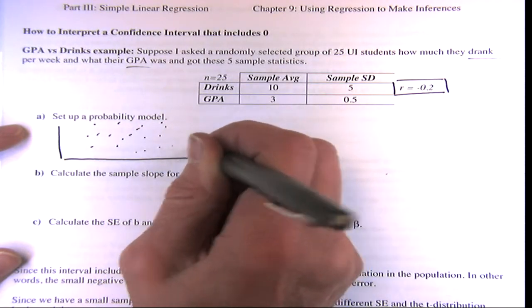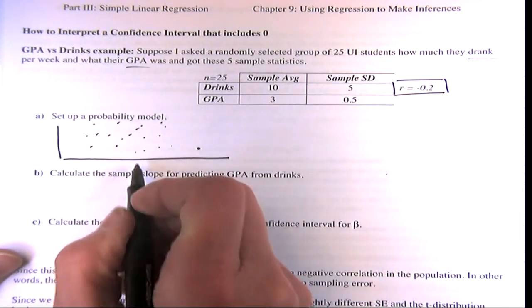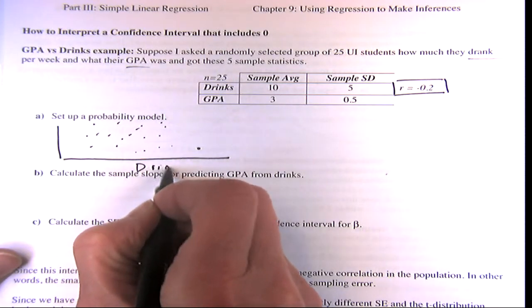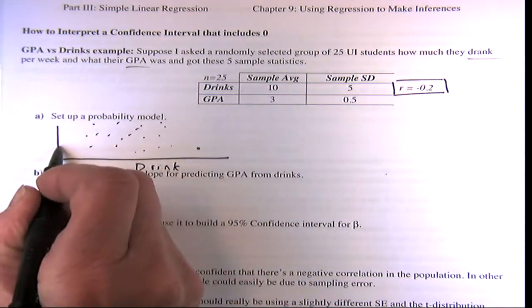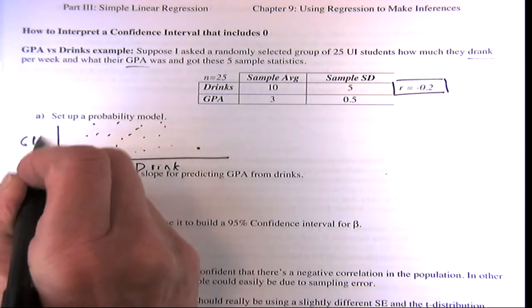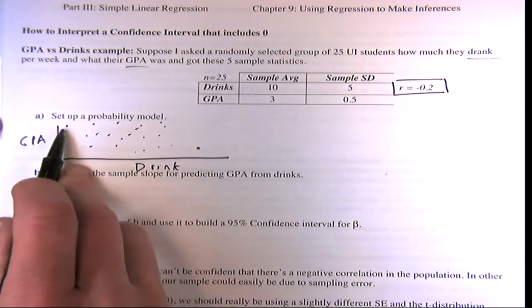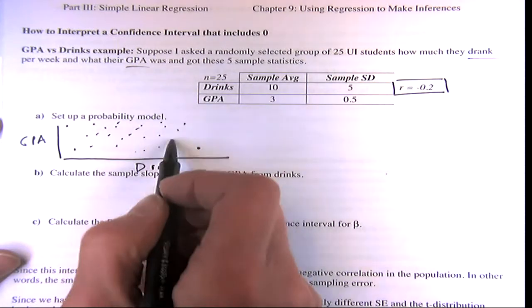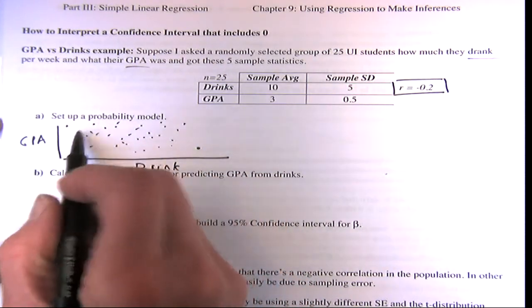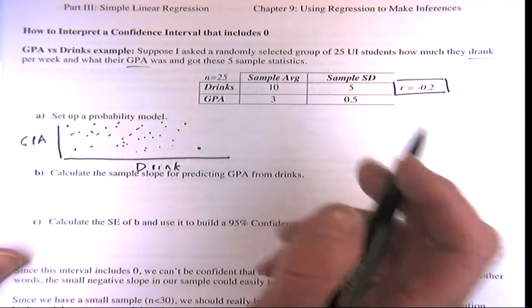For example, this student right here would be drinking a lot, way down here, and have a low GPA, whereas this student up here would be drinking very little and have a high GPA. So the question is whether there's some negative trend here or not.